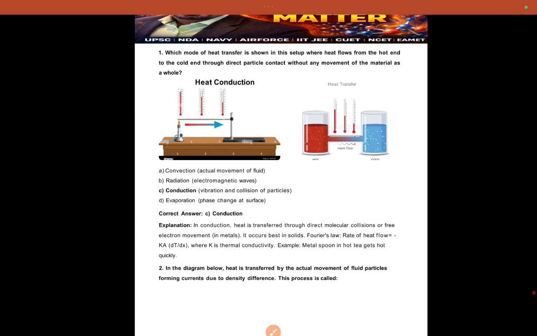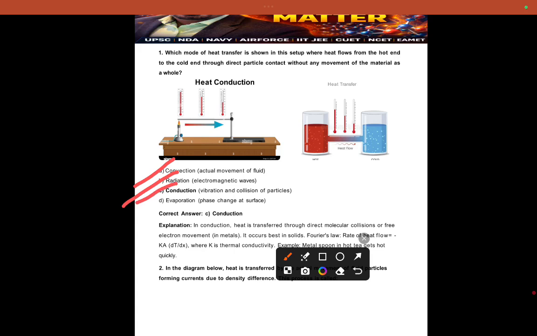Heat transfer happens by three methods: convection, radiation and conduction.